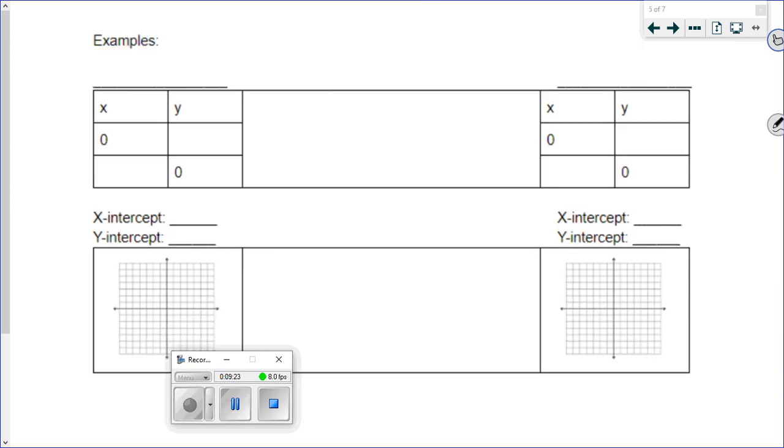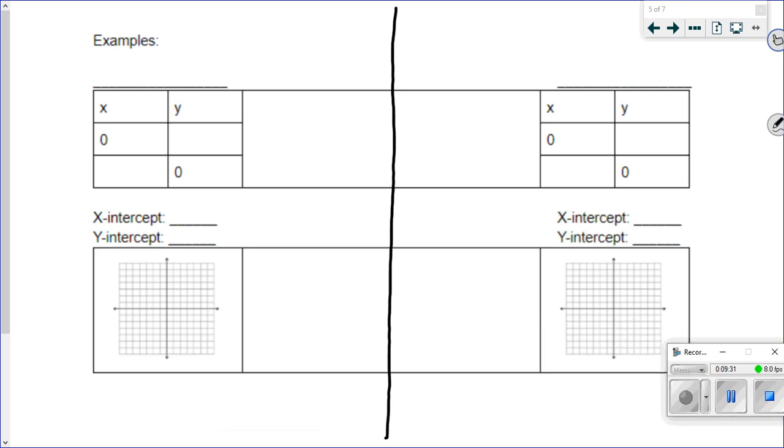The next two examples, we're going to draw a line and separate our paper. The next example is going to include a fraction. A half x minus 9 equals y. The first step tells me to make x equal to 0.